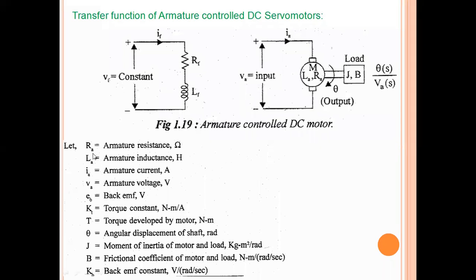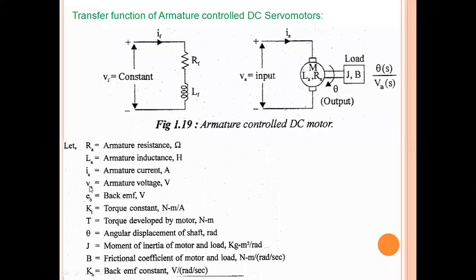Okay, and here a few terms are represented, which we come across in this derivation. Armature resistance is represented as R suffix A, capital R suffix A. Armature inductance is represented as LA, capital L and small a. And armature current, which depends upon time, that's why it is represented in the lowercase ia.